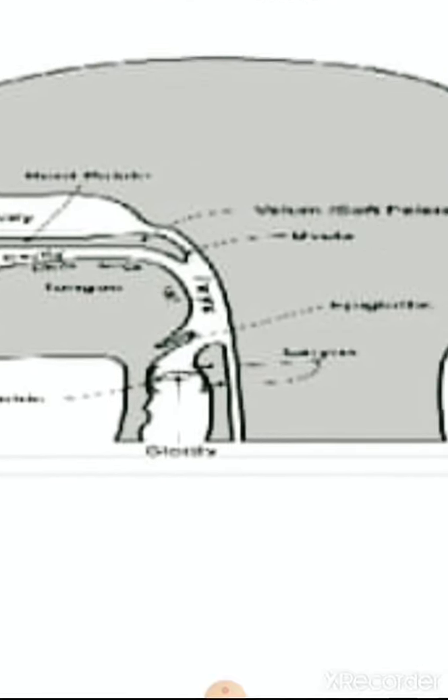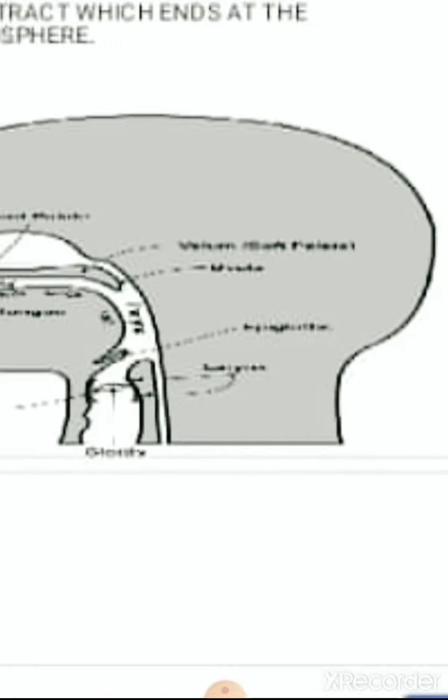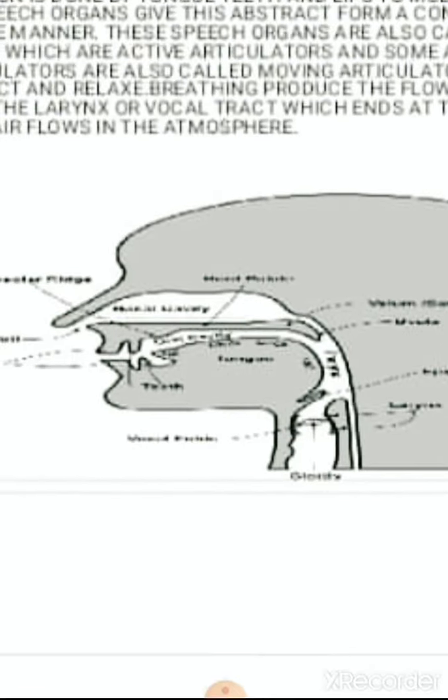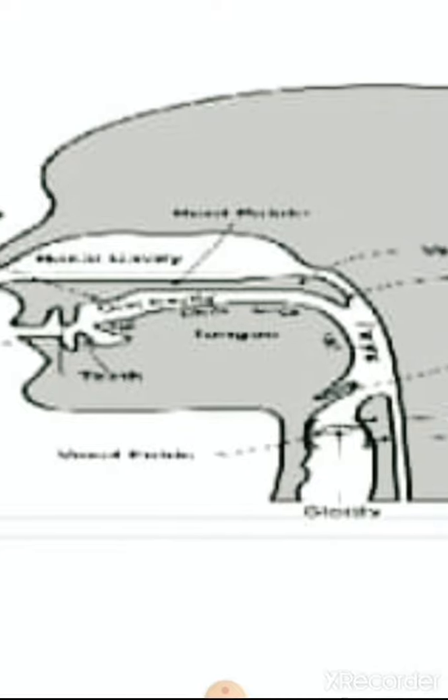So here, you can see in this diagram some organs of speech, some of which are active articulators. For example, the tongue is an active articulator, lips are active articulators, and the uvula is an active articulator.